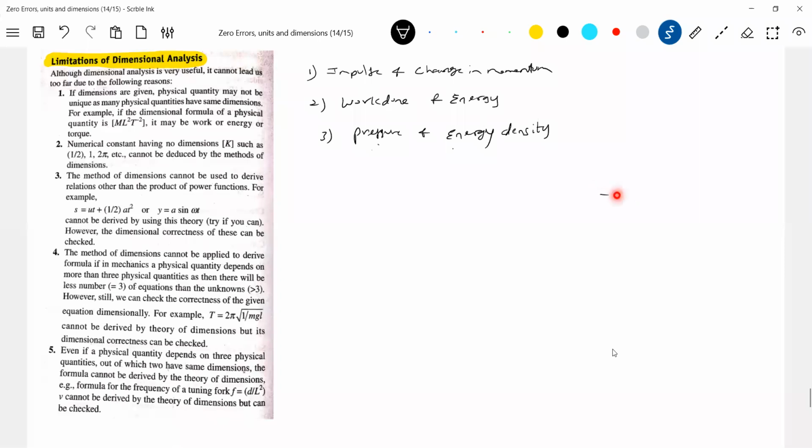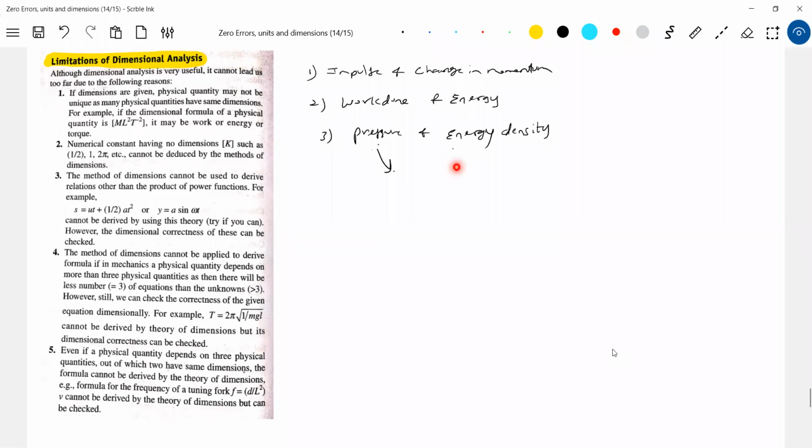Means you have gone for the first time and you are designing. Okay, then you got the dimensions of pressure. So for that physical quantity, will you conclude that it is pressure or energy density? God only knows. Again, you have to take help of experiment, not the dimensions. You have taken a system.